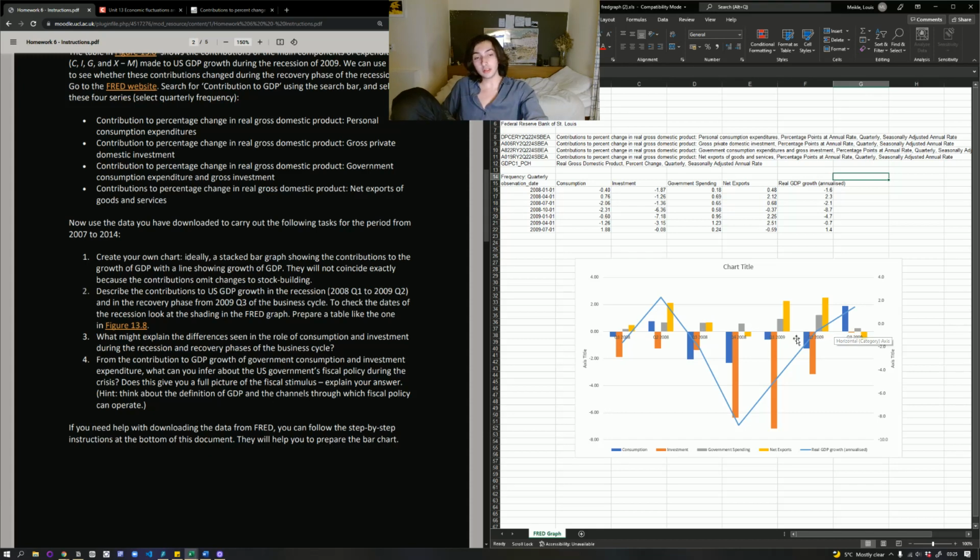So you can see investment takes a very large hit during this period, decreasing by negative 6.36, negative 7.18. So it's pretty bad.